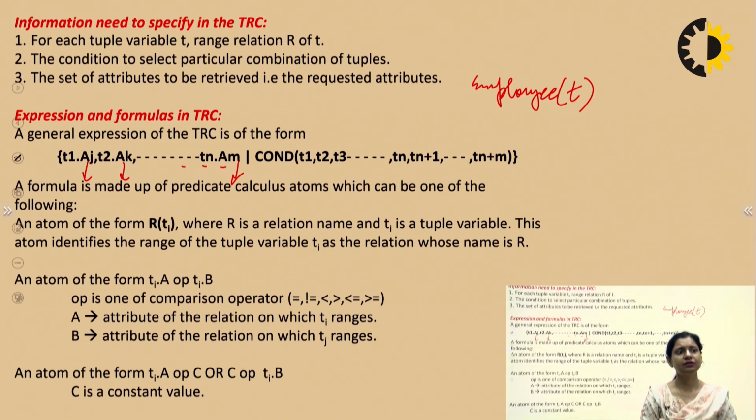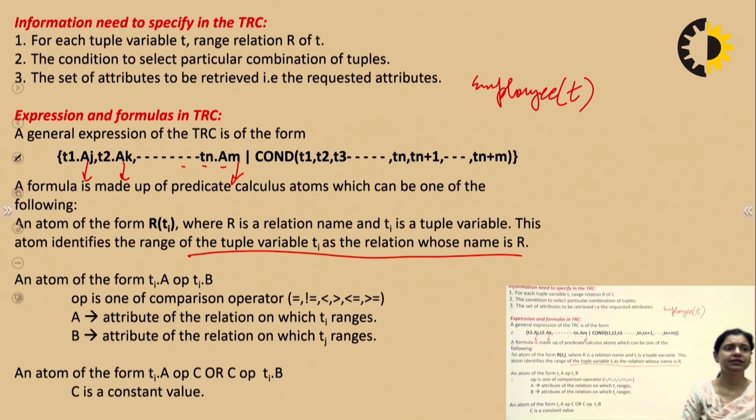Every atom is a formula. What is an atom basically? An atom is a single form of the relation R(t), where R is a relation and t is a tuple variable. So it identifies the range of the tuple variable as the relation whose name is R.